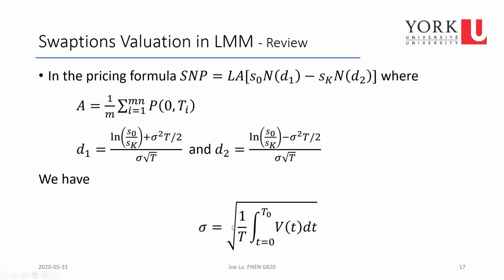Although we know the volatility is actually a function rather than a constant parameter, in the particular situation where we needed to calculate the swaption, we can use this to calculate a parameter sigma that we can use in this formula to calculate the price of the swaption. But in many cases, this trick will not work, and we may have to seriously develop alternative models to the Black-Scholes Merton model.